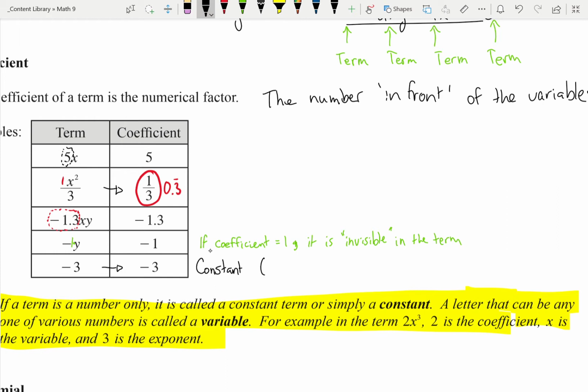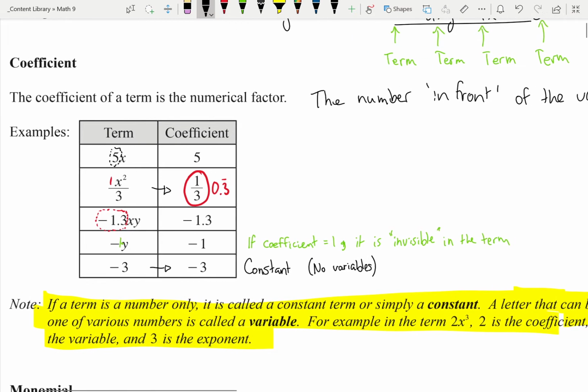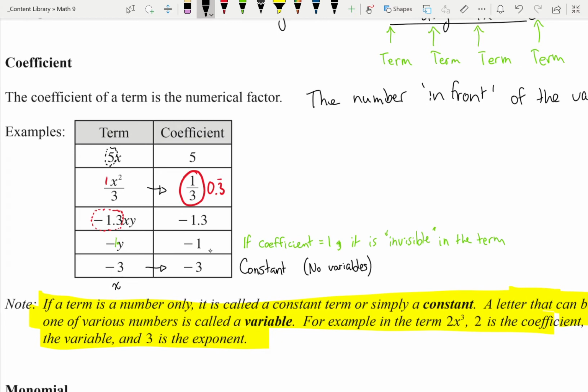The way you can think about it is that there are no variables. It'll always just be 3. The last one I'll give is just a very simple add-on. If I just have, say, x all by itself, again, there is a little invisible 1 out front, so the coefficient would be 1. And that was a terribly drawn one, so I'll redo it a little better.